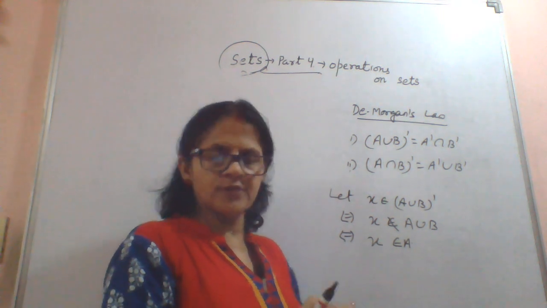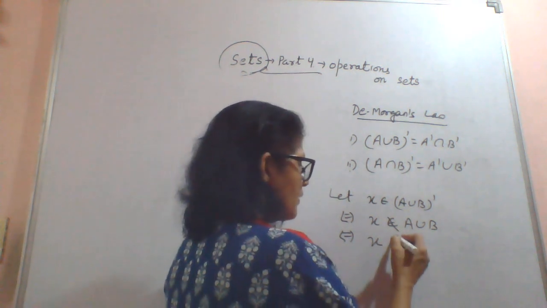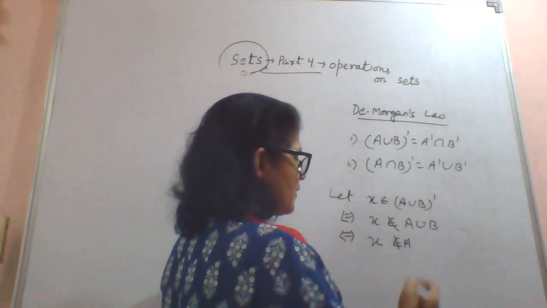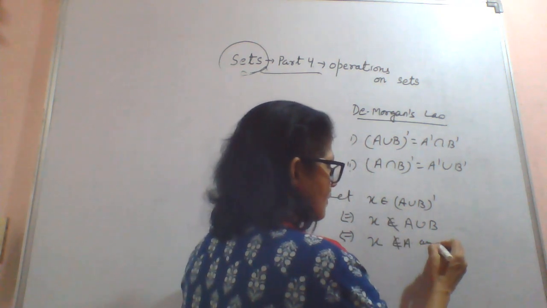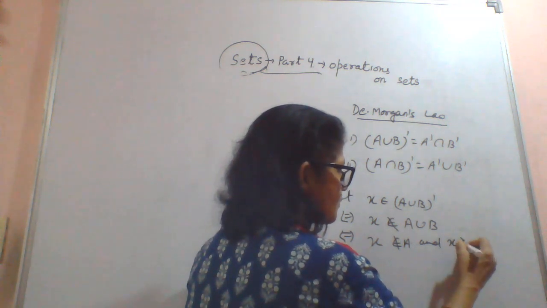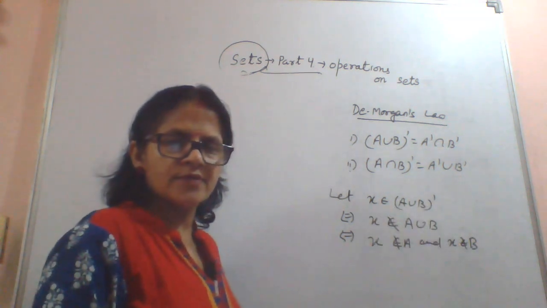To take it this way, we can write X doesn't belong to A and X doesn't belong to B. Did you understand this?